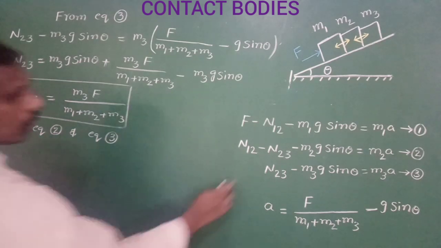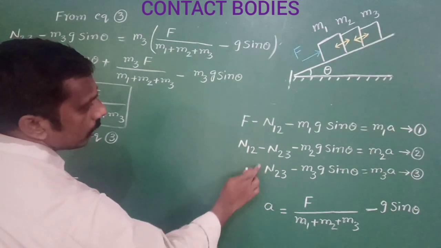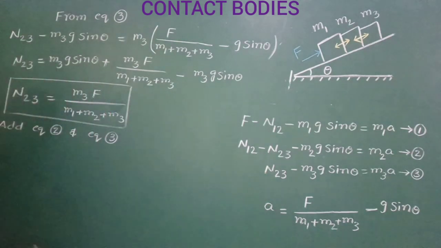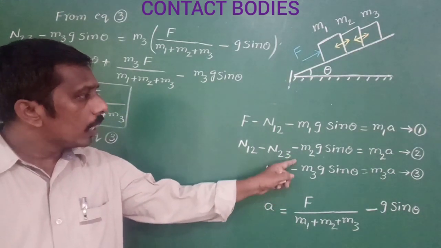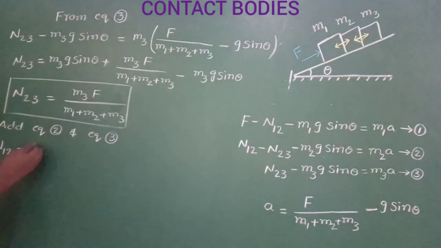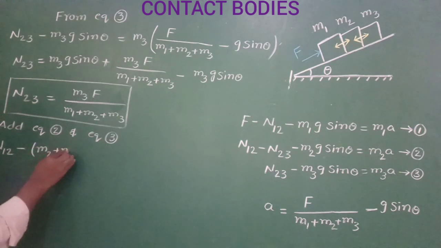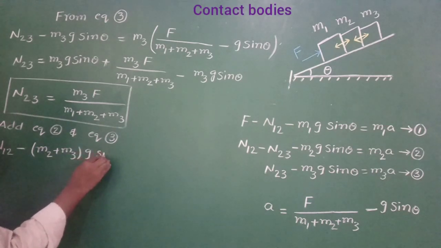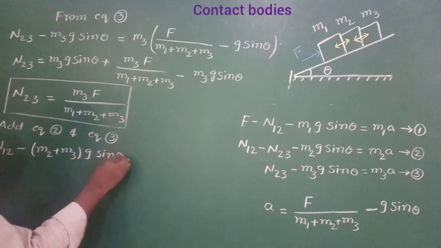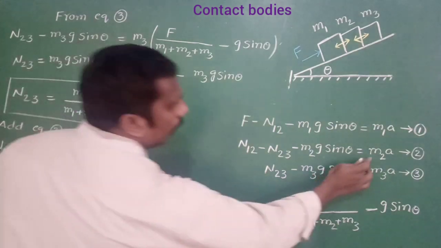Adding these two equations, N23 gets cancelled: minus N23 here, plus N23 there. Then we get N12 minus, in these two terms, if you take minus g sin theta common, (m2 plus m3) g sin theta, that is equal to m2a plus m3a.